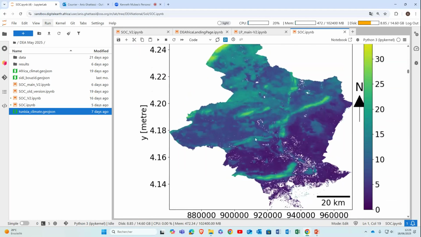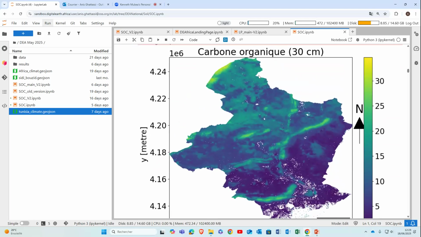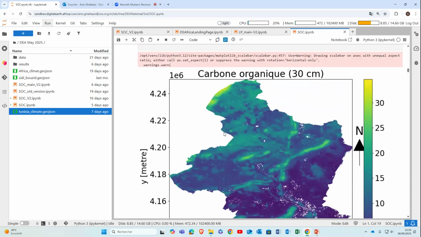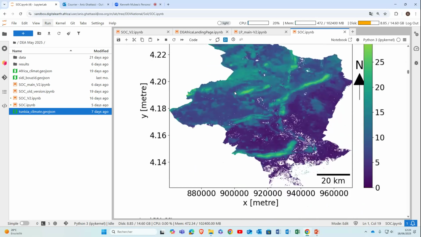For this case, we used the area of Sidi Bouzid, which is a region in central Tunisia. This notebook will basically use this area of study to monitor the spatial distribution of the organic carbon at 30 centimeters of depth.